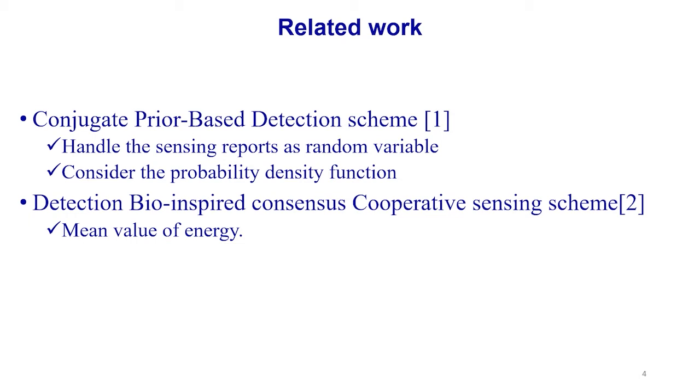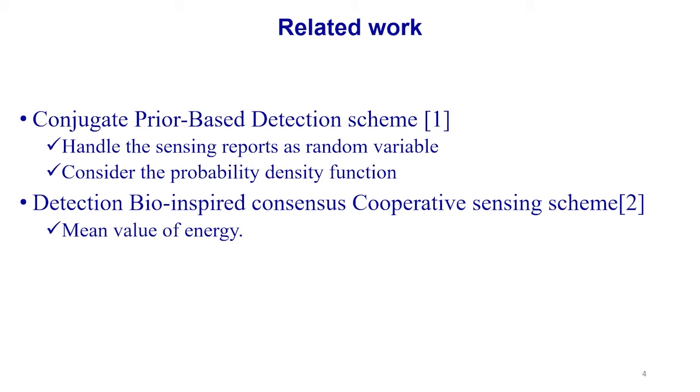It works in this way: it isolates false sensing reports generated by malicious users so that secondary users can correctly detect the activities of a primary user. The scheme handles the sensing reports from secondary users as random variables, then considers the probability density function for the random variables through a method known as conjugate prior.